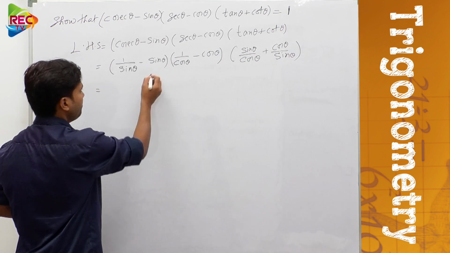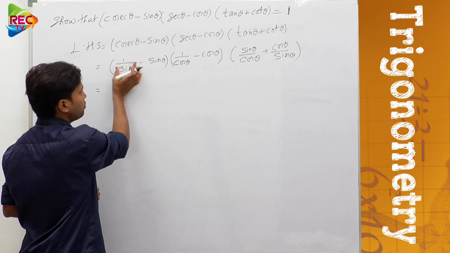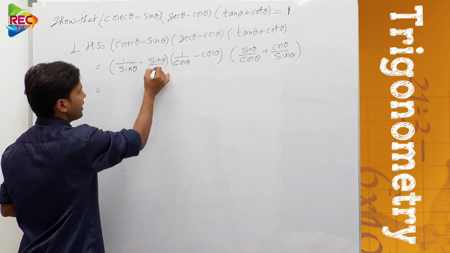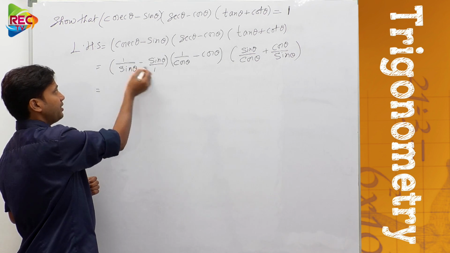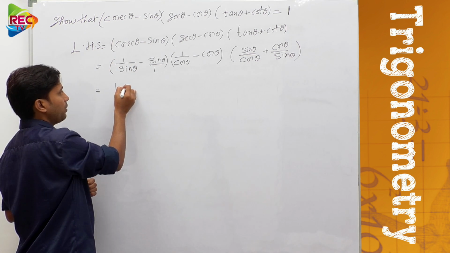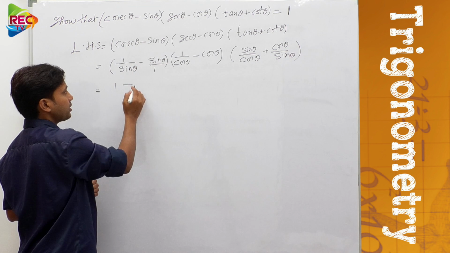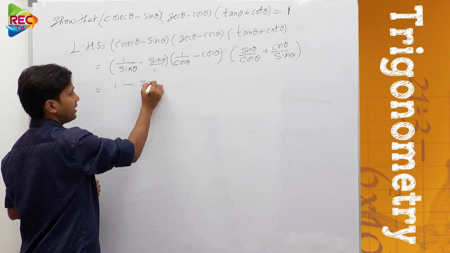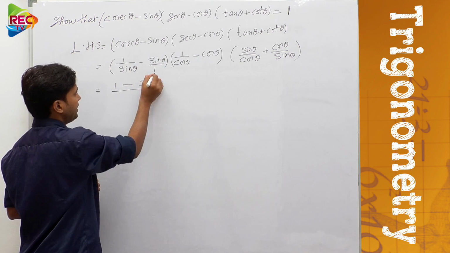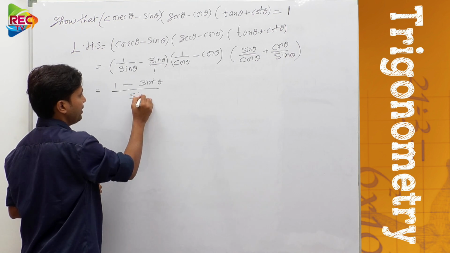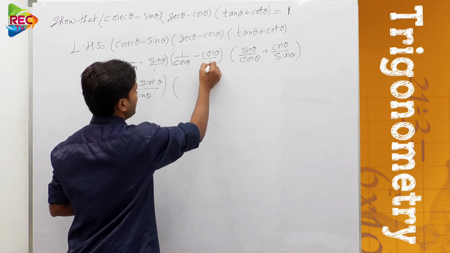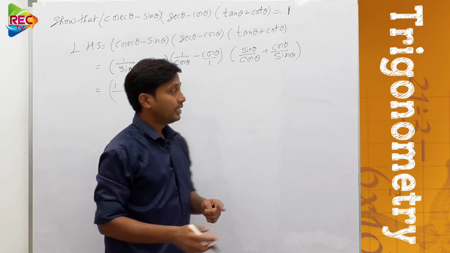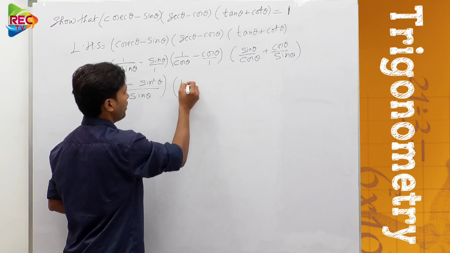In order to solve them, take the LCM of the terms, considering the denominator as 1. 1 into 1 will be 1. Sin theta into sin theta will be sin square theta, by sin theta into 1, that is sin theta. Again put the denominator of cos theta as 1, so 1 into 1 is 1.